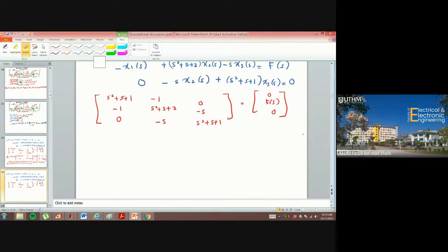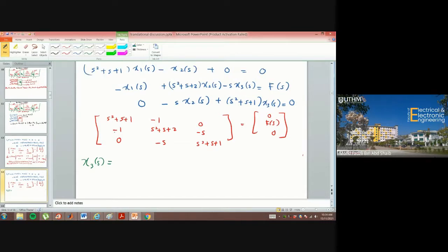Okay, now we need to find x3. We want to find x3, equal to.